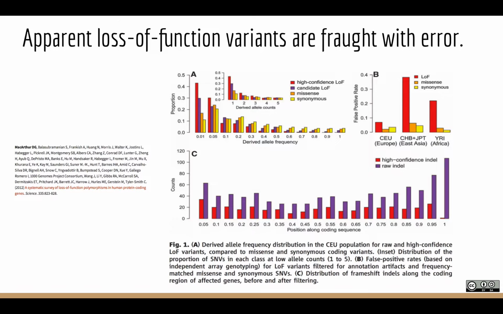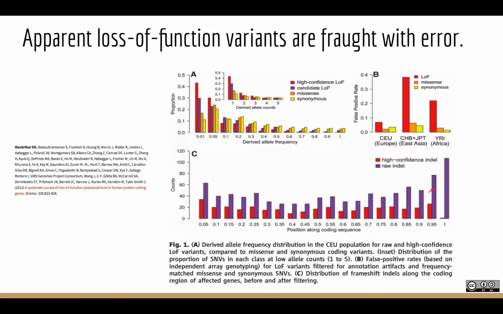Another figure from Daniel MacArthur's paper about this, basically they were looking for loss of function polymorphisms in human protein coding genes. And one of the things that they find is that there's this enrichment of frame shift variants towards the carboxyl terminus of protein coding genes.